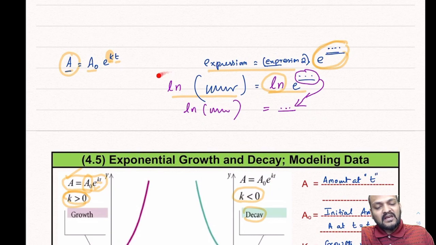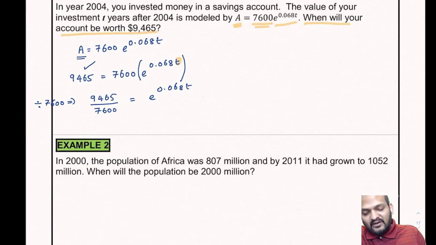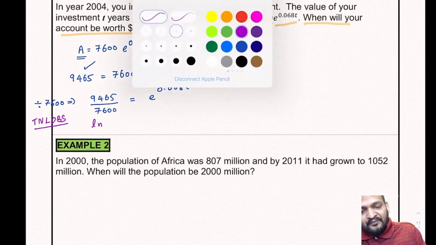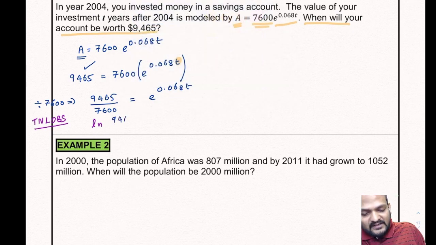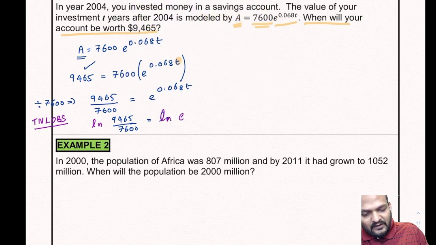The next step is to take natural logarithms on both sides. If you recollect, a long time ago I jokingly said, "Tennessee lobsters." What does that mean? Taking natural logarithms on both sides. So I'm going to take the ln of 9465 over 7600 equals ln of e to the 0.068t.